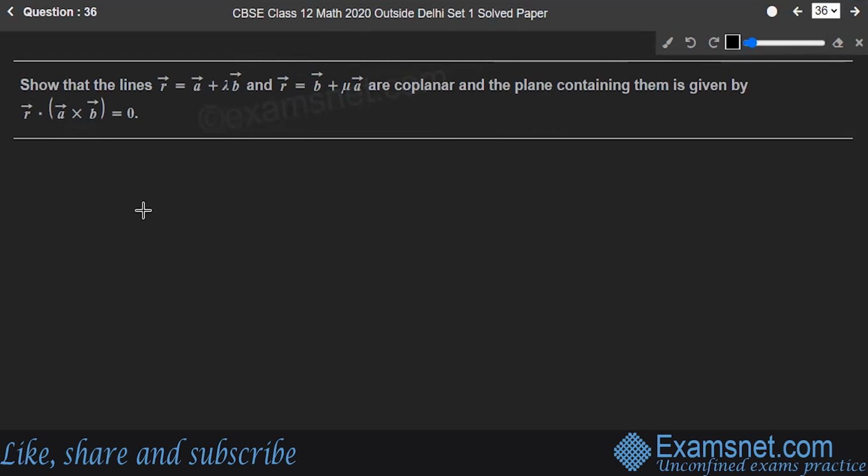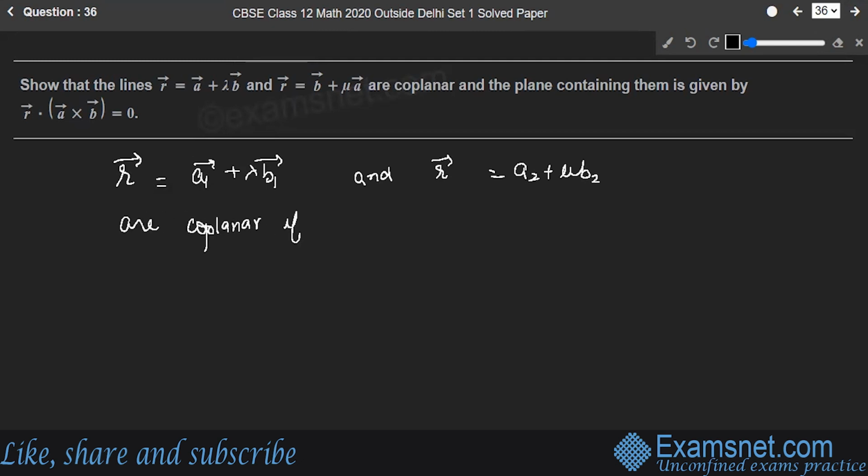So generally, if I'm talking about the general one, if you are having the general A1 plus lambda B1 and R as A2 plus mu B2, they are coplanar if A2 minus A1 dot product with B1 cross B2 is equal to 0.